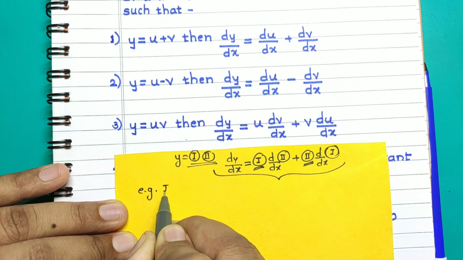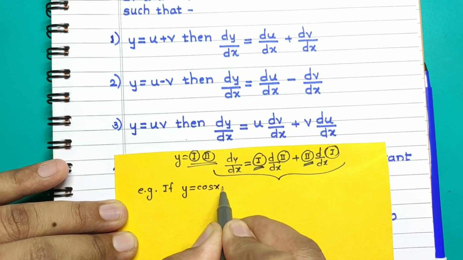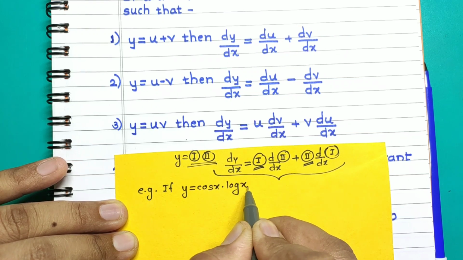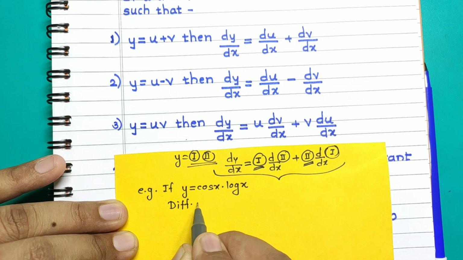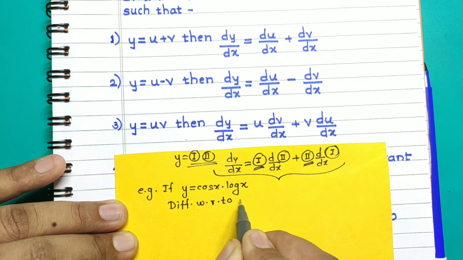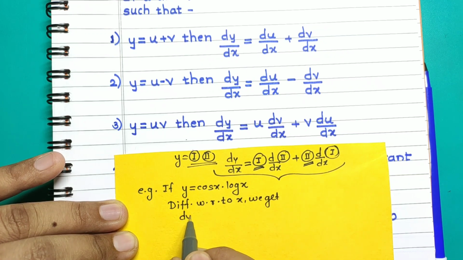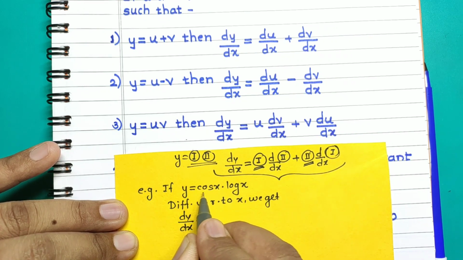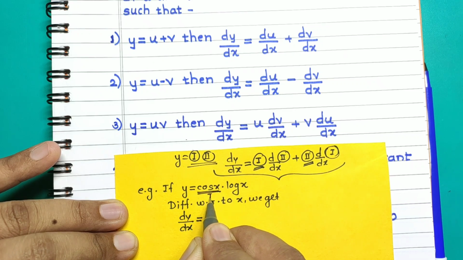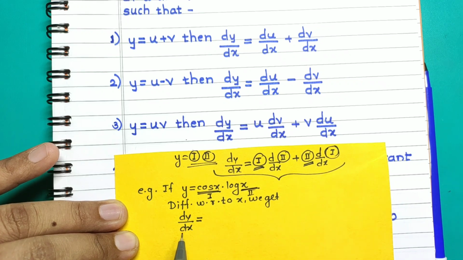For example, if y is equal to cos x into log x. So to find its derivative, let's differentiate. Differentiating with respect to x, we get dy by dx, which is the derivative of y with respect to x, is equal to, let us consider cos x as first function and log x as second function.